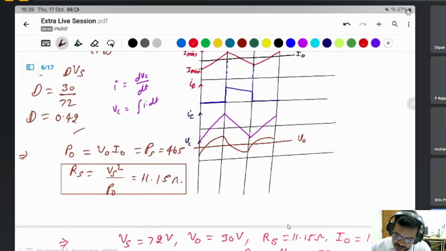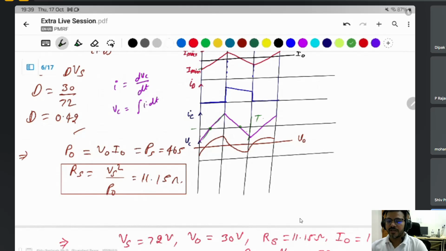This is the capacitor current, starting from here to here. This will be the total time period T. From here to here it is positive, then there is the negative current. Negative current means discharging, and positive current means charging.